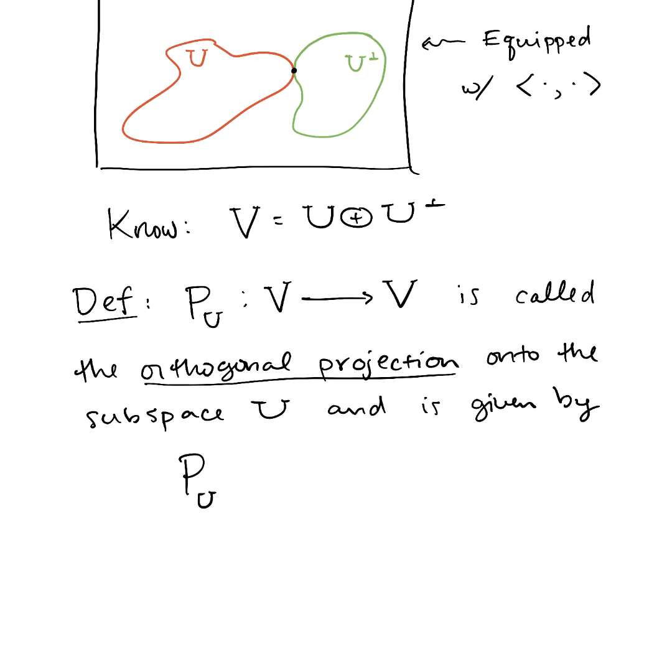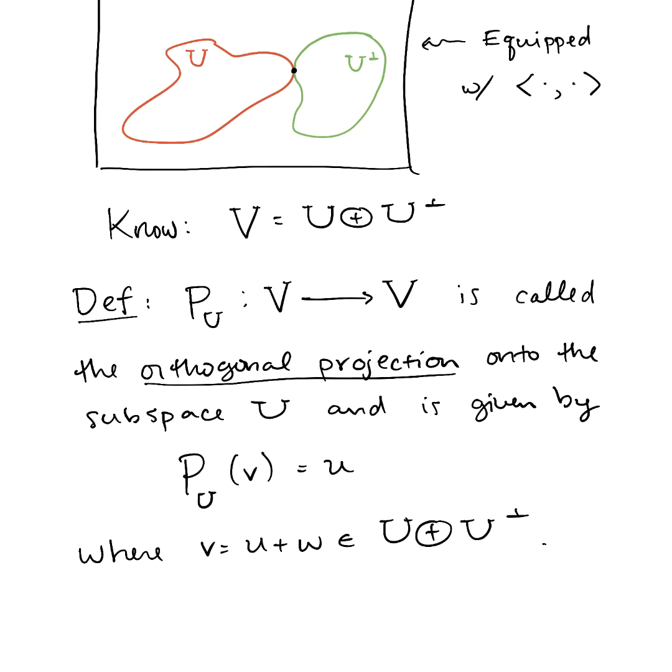The orthogonal projection, P_U, acting on little v, comes out to little u, where little v is little u plus little w in the direct sum of U and U perp.